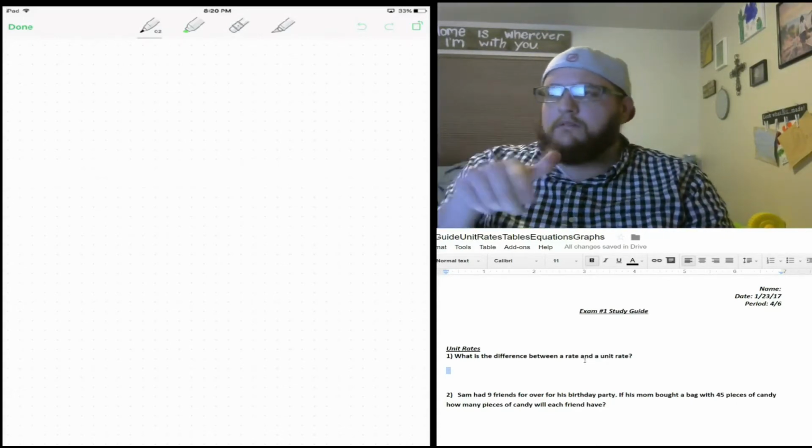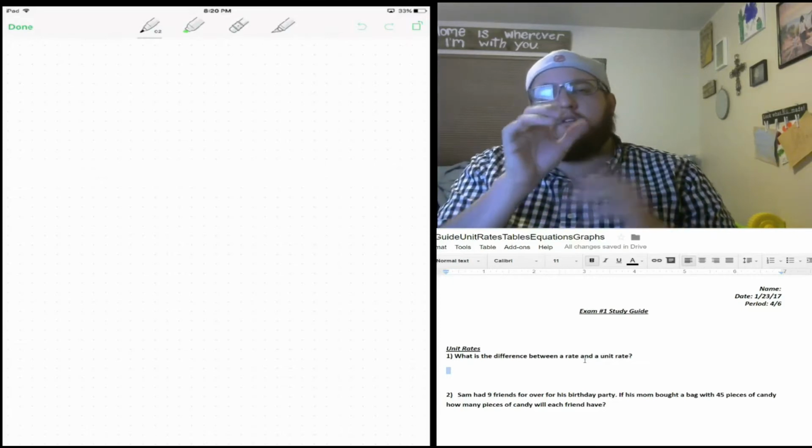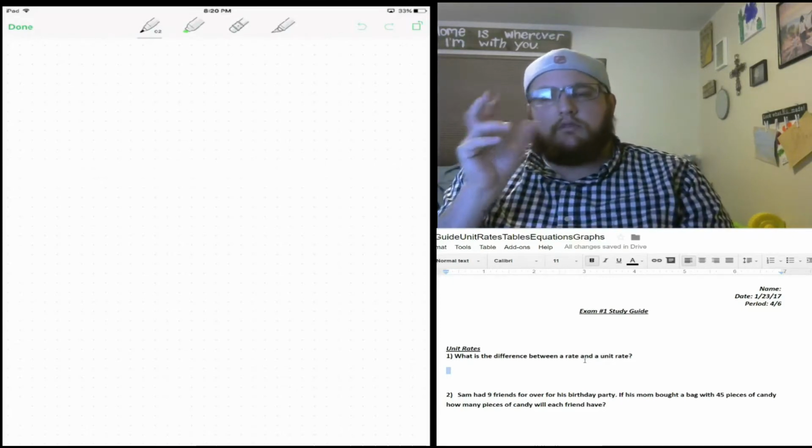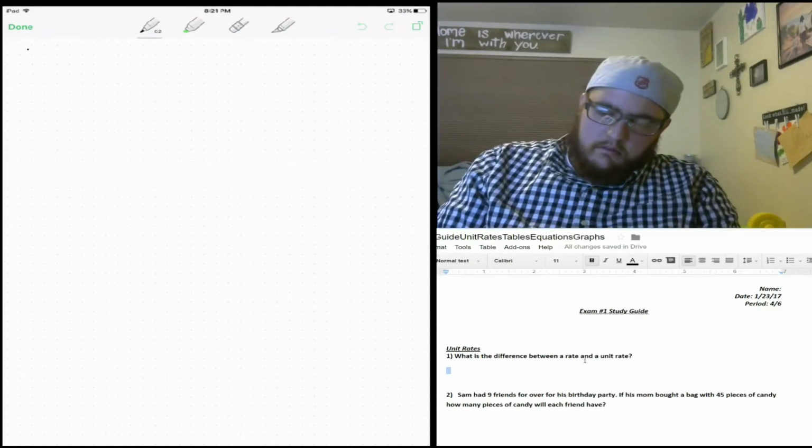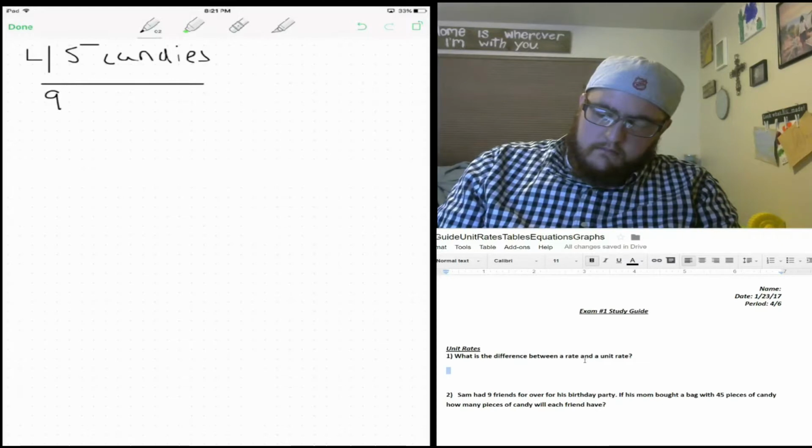So we've got a bag with 45 candies and we want to share it with 9 of our friends. So we're going to be converting a rate into a unit rate. So first we're going to need to set up our unit rate with the given information. So we know there's 45 candies for 9 of your friends.